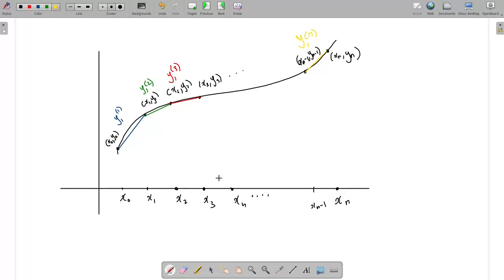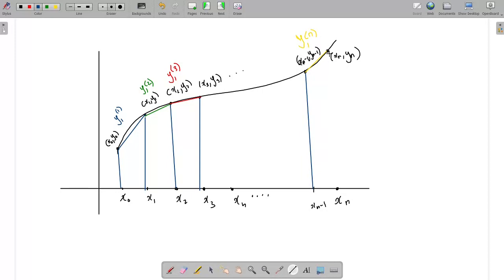Now, just like what we have seen earlier, we'll be finding the integrals over these particular functions and adding them all up.